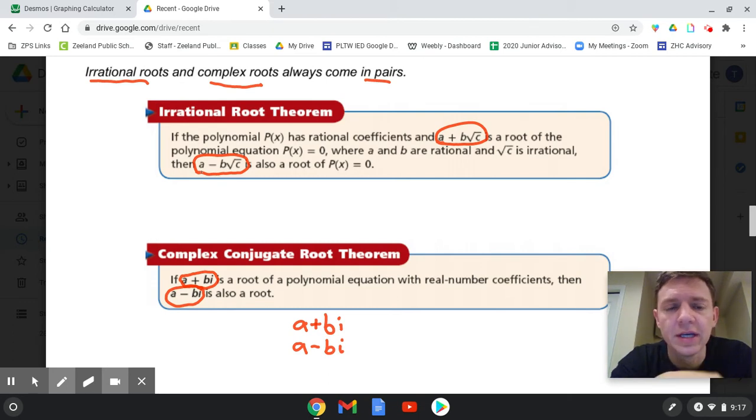That's all that's saying. They come in pairs, plus or minus, that's just the product of square rooting something. It's always plus or minus. So those roots will always come in pairs if they're irrational or if they're imaginary, complex.